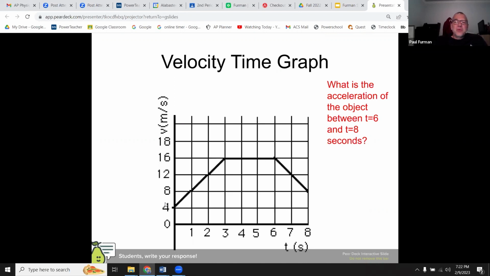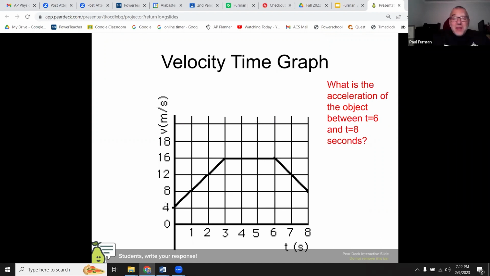And so you can use the terms slope and acceleration interchangeably on this graph. So from 0 to 3 seconds, that has a positive slope. That means there is a positive acceleration. From 3 to 6 seconds, 0 slope, that means 0 acceleration.